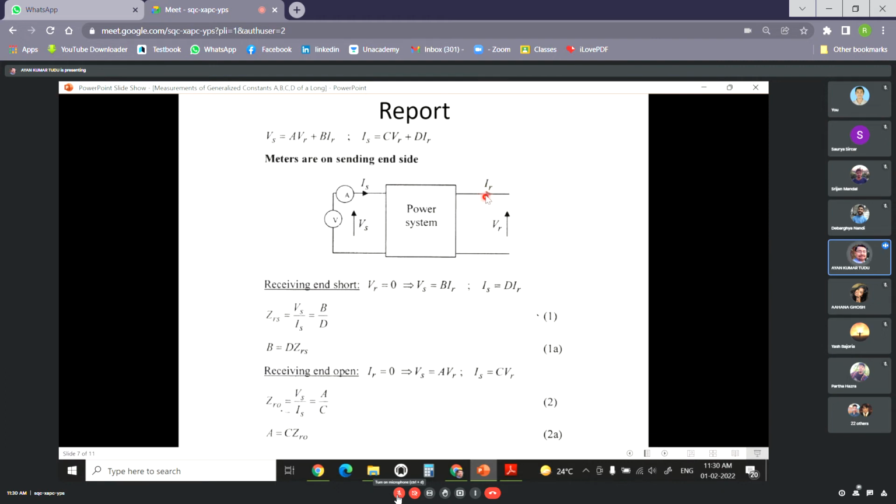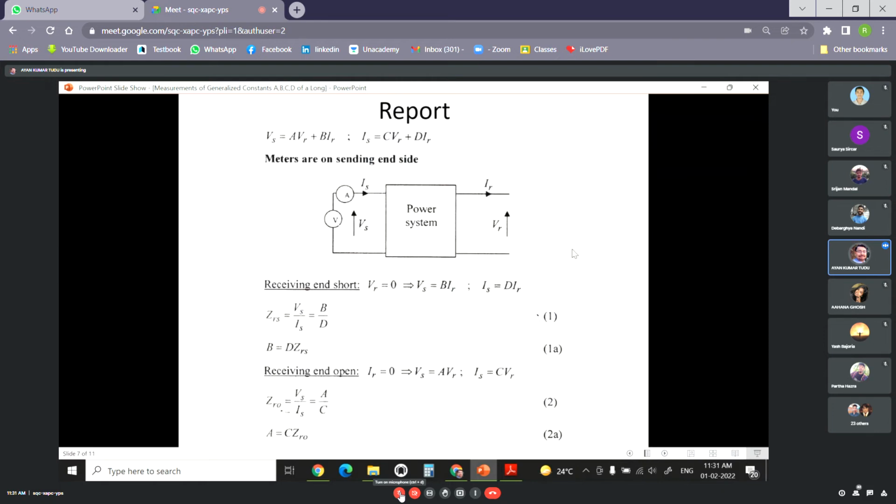But since we are talking about a transmission line, this is the input side and this is the output side, so the current direction will not change. Whereas in the convention of two port networks, both currents are actually into the network. Since we are considering a transmission line, we can take the currents Is and IR to be in this direction.